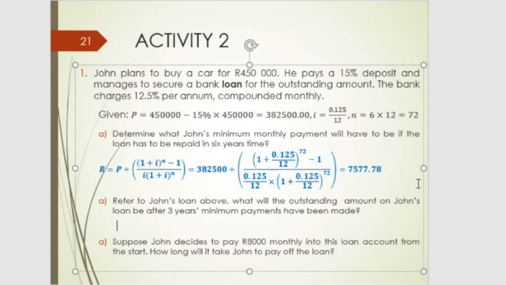So instead of 6 by 12, which gives you 72, it's going to be 3 by 12, which gives you 36, and then you work it out. That will be the outstanding balance that you still need to pay. However, you can negotiate because it also includes the interest. If you decide to settle now, they will calculate. But in this instance, you just want to see how much that balance would be.